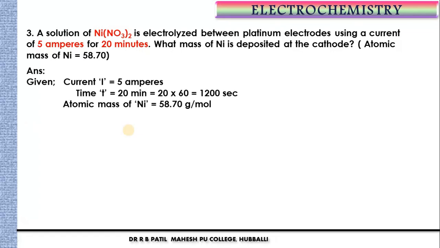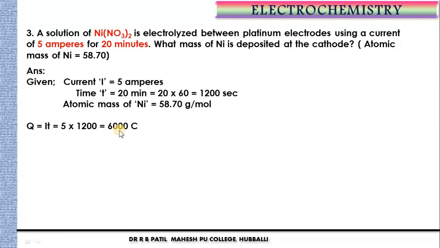Let us use the formula Q is equal to I t. So when I use that, I substitute I as 5 amperes and time 1200 seconds. Like this, if I multiply that, I end with 6000 coulombs.